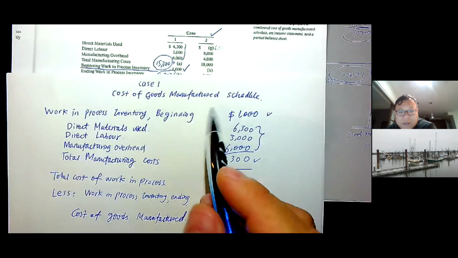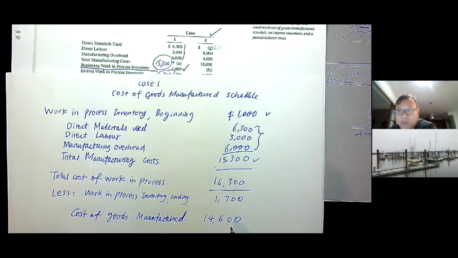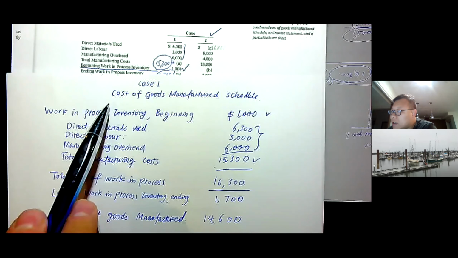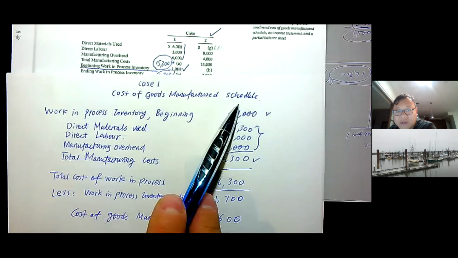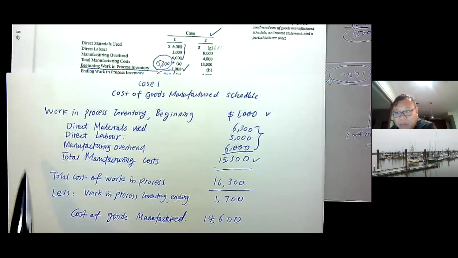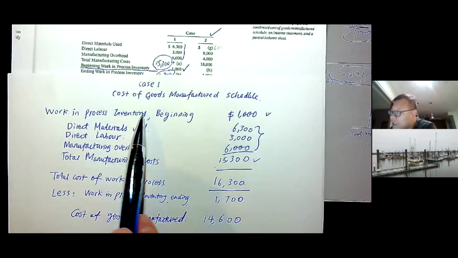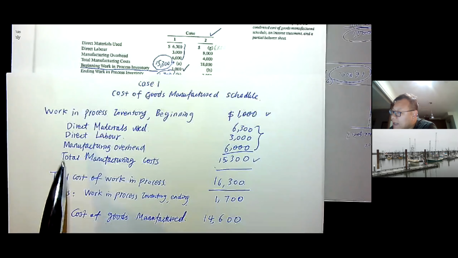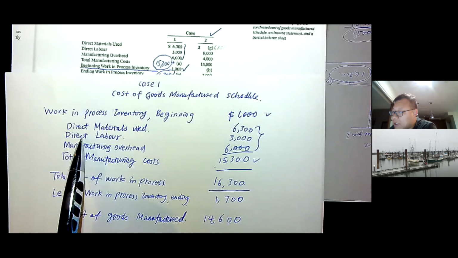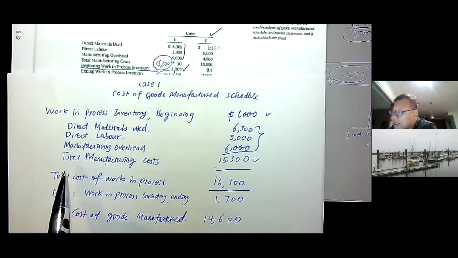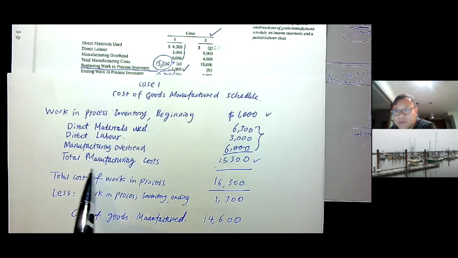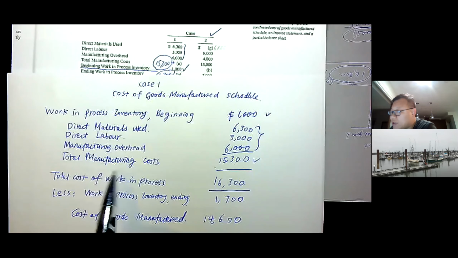Okay, so the calculations are pretty straightforward, but I'm just showing you the layout format. When you are in this assignment to prepare a cost of goods manufactured schedule, you have to follow this format. Beginning work in progress inventory, 1,000, and then direct materials, direct labor, manufacturing overhead, and then you do a sum to figure out the total manufacturing cost.